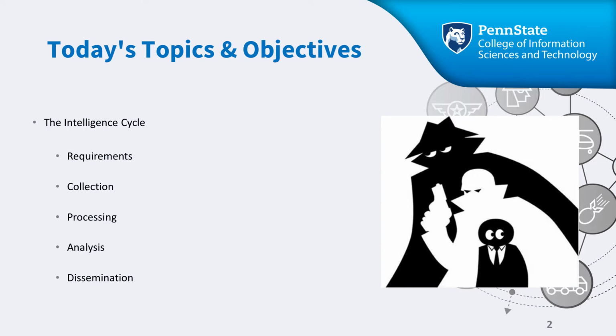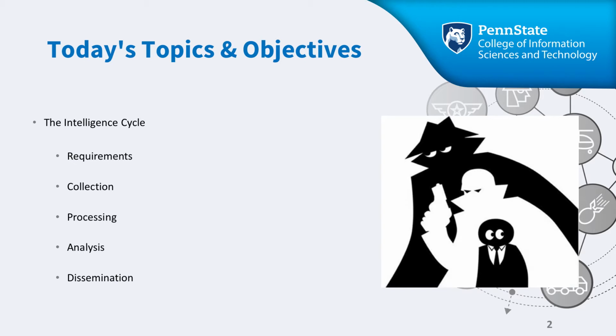We'll begin with an examination of the various parts of the so-called intelligence cycle: the establishment of intelligence requirements, what needs to be collected, the actual collection of intelligence, processing of that intelligence where it's necessary, the analysis of that intelligence, which is very important, and then finally the so-called dissemination of the finished intelligence product.